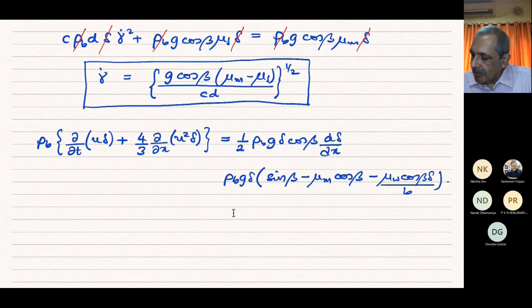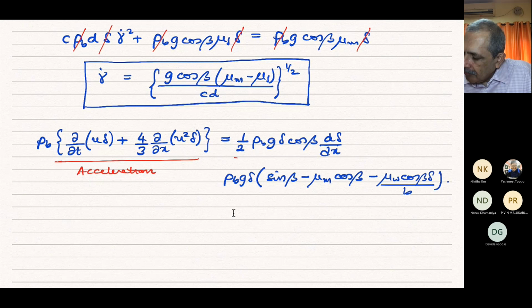So really what you see is this term here, you can think of as just the acceleration of the particles in the layer. This term comes because of changes in the thickness, and this term is often referred to as earth pressure.